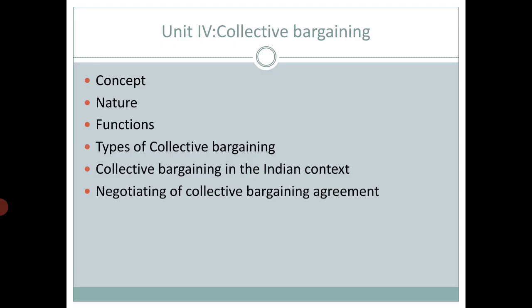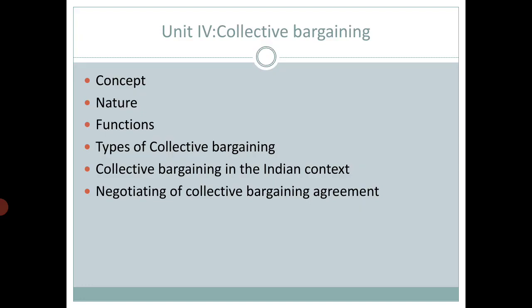Now, there are different types of collective bargaining. We will see those types at the time of collective bargaining itself: distributive bargaining, integrative bargaining, productivity bargaining, composite bargaining and concessionary bargaining. Whenever we consider collective bargaining, three categories are very important: mandatory, permissive and illegal.